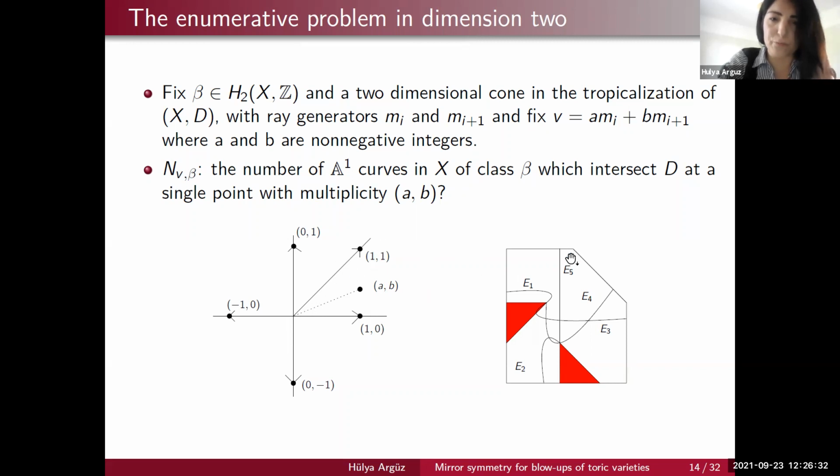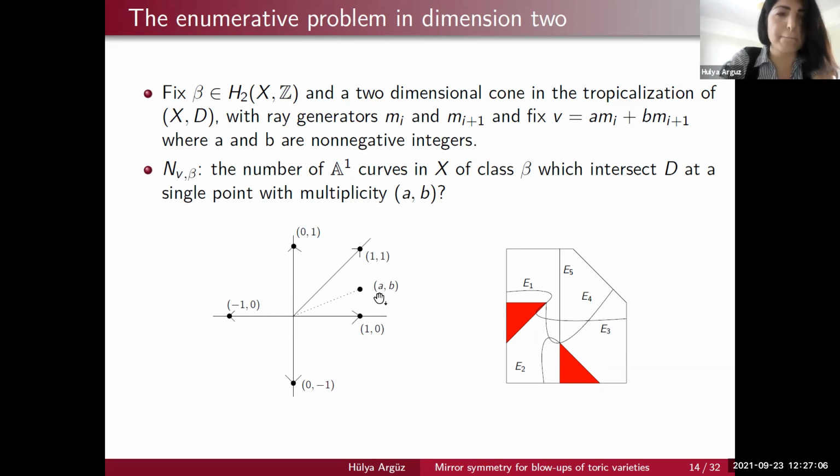And because you want to intersect your boundary divisor at a single point, if both a and b were non-zero, they would correspond to curves touching at the intersection of things. Those generally can happen. And in the dP5 example that I drew, all A1 curves happen to be when (a,b) is among one of these rays. So in this particular example, all curves really touch the interiors of the toric boundary.